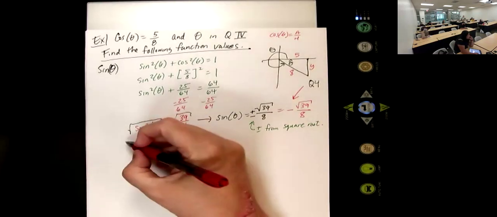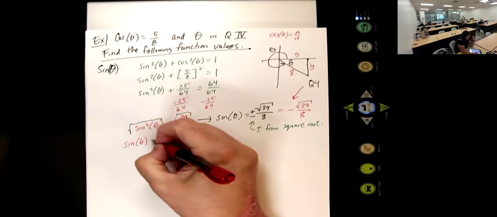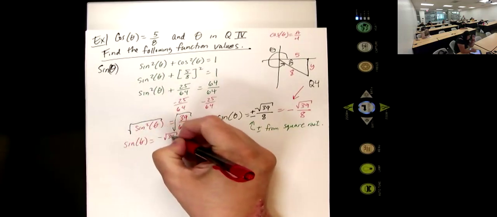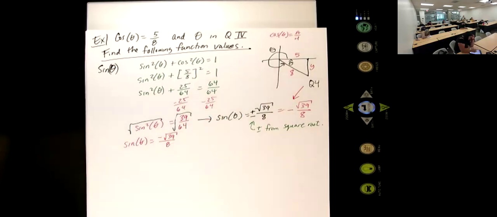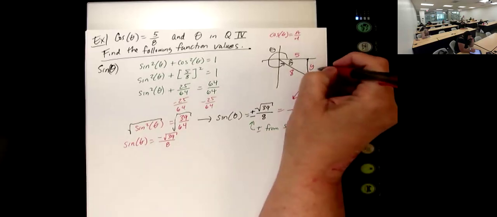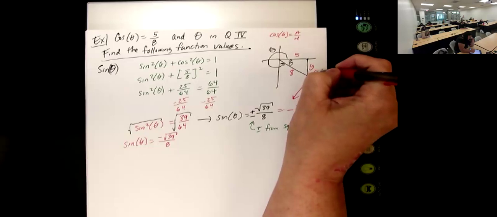So sine theta is negative square root of 39 over 8. Which means if we had gone through and done this the regular way, this would have been negative square root of 39.